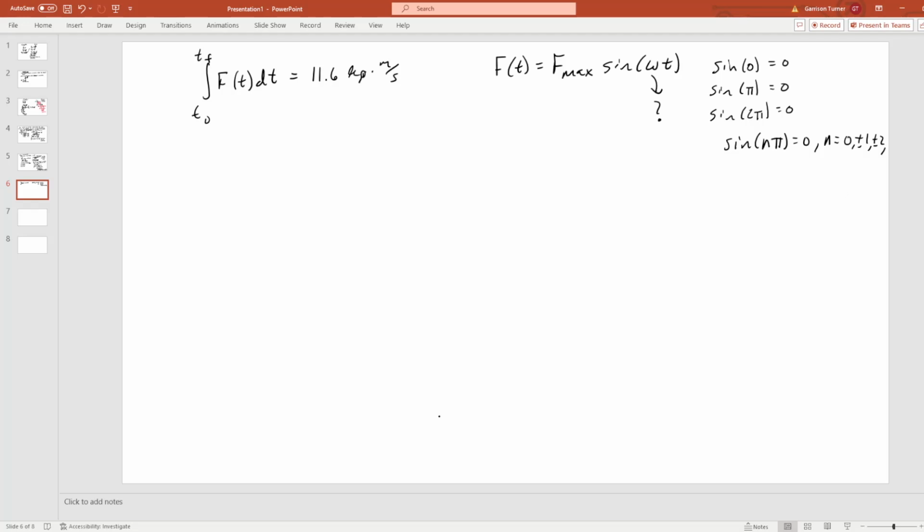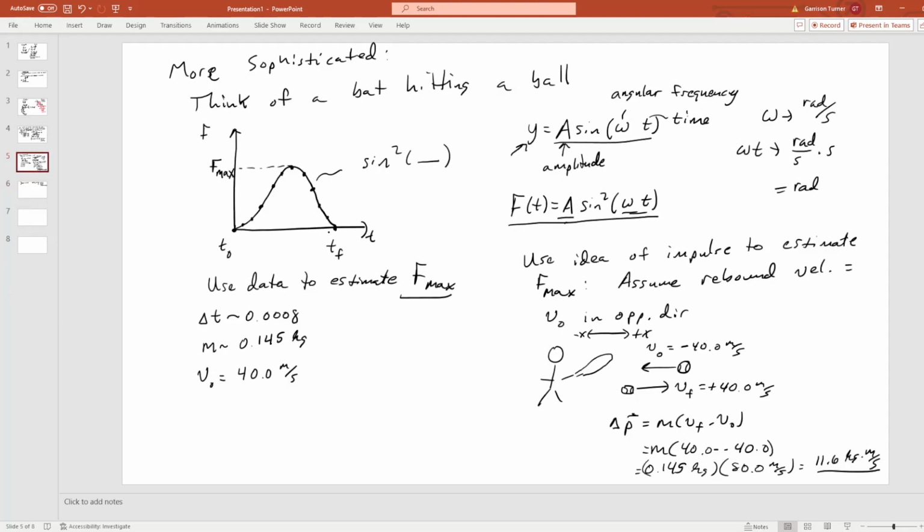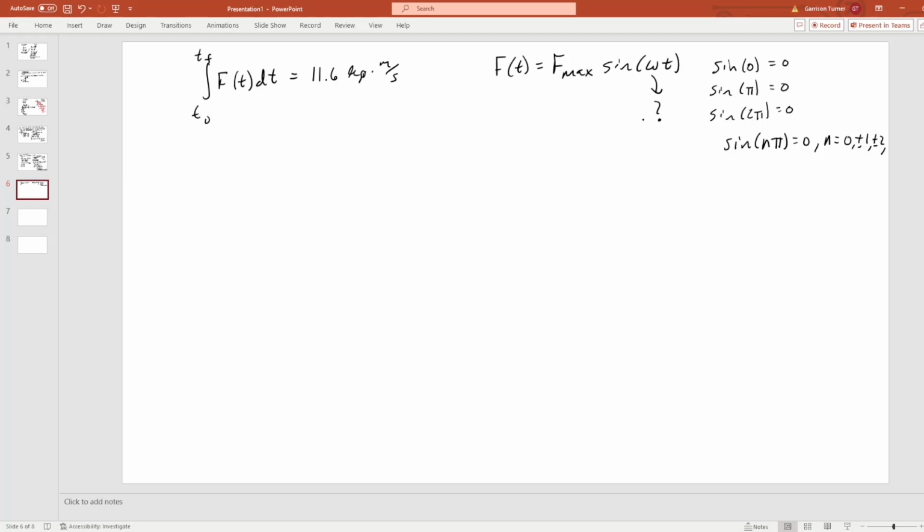So the very next 0 in this function happens when omega t equals pi. Okay? And that comes from right here.